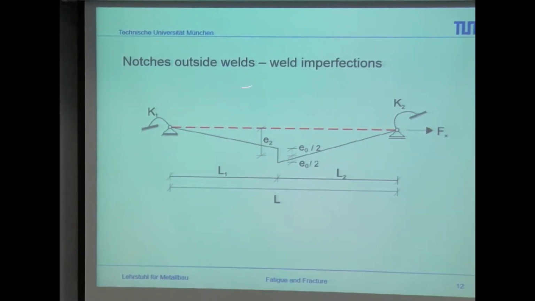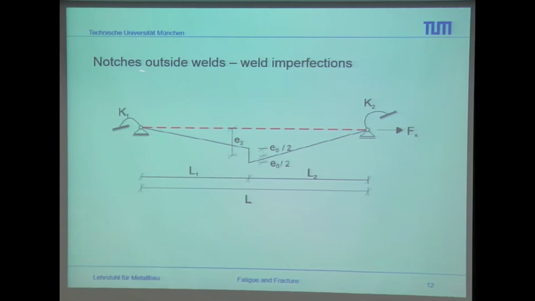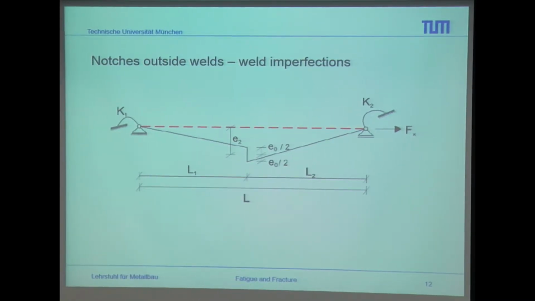But at the same time we also have some notches outside of the welds. They are also called weld imperfections or weld misalignments. For this I already showed some drawings yesterday which look like this. Usually we have different misalignments, for example the axial misalignment and the angular misalignment.